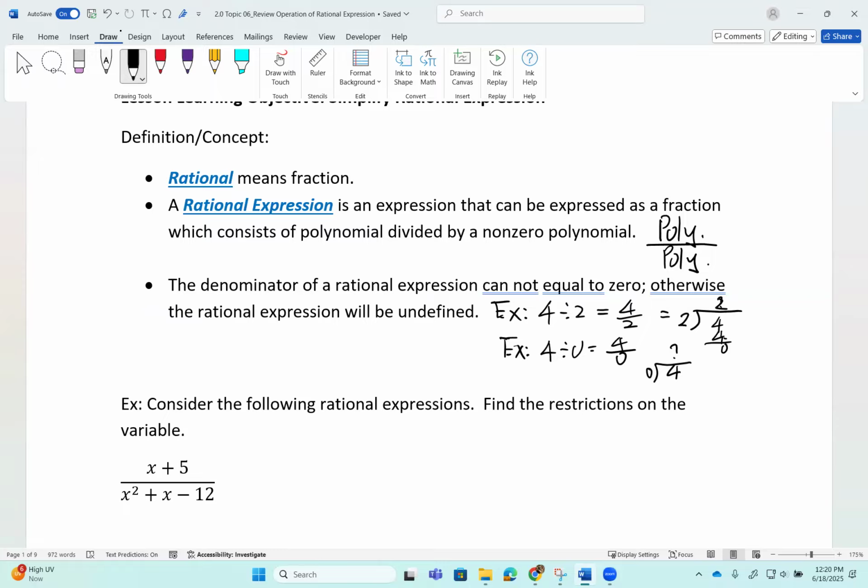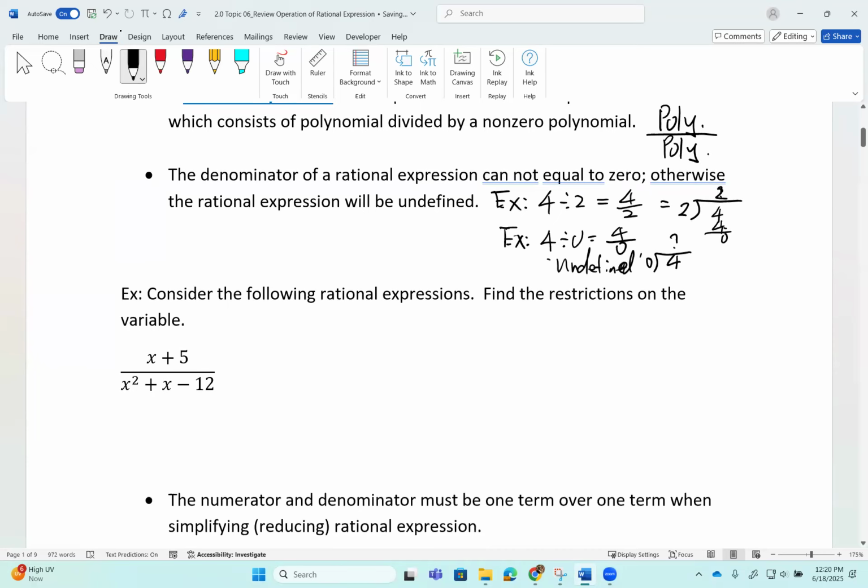Therefore, you cannot find a number times 0 that will ever equal this dividend. That's the reason why anything divided by 0 is considered undefined. Okay, you can't find an answer. So the denominator, or the divisor, can never ever equal 0. Otherwise, the whole entire rational expression will become undefined.